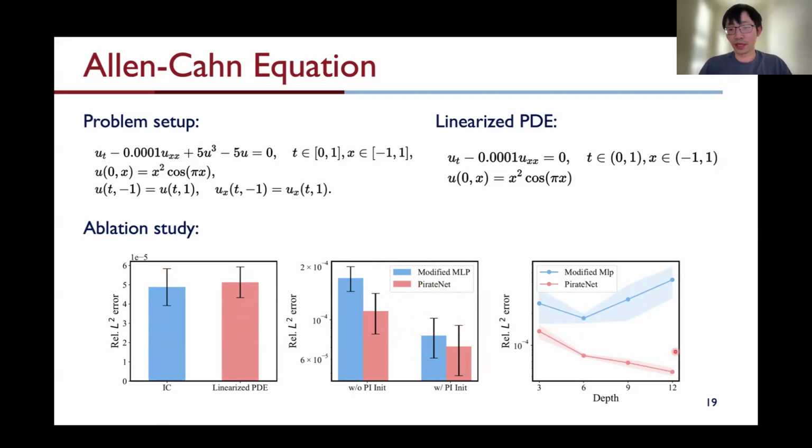Then let's move to the last figure on the right. You can see for deeper networks, this modified MLP doesn't scale. It's not very scalable; for deeper networks, its predictive accuracy does not improve. But in contrast, with this ParaNet we get consistent improvements by increasing the network depth.